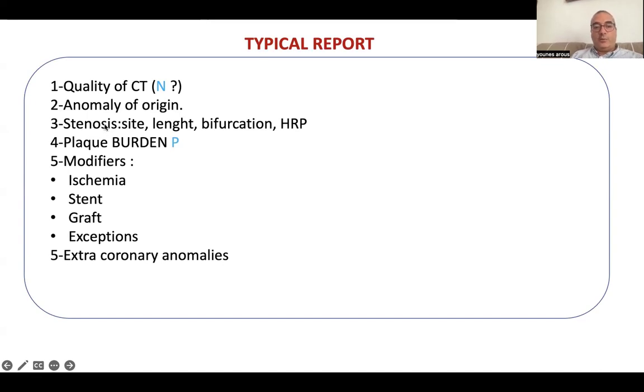And if there is a stenosis, it's very important to describe the exact site, the length, if there is a bifurcation near the stenosis, and the signs of a high-risk plaque. Then we describe the amount of atherosclerosis and the presence or not of modifiers. And the last thing in the report is, of course, the extra-coronary anomalies.